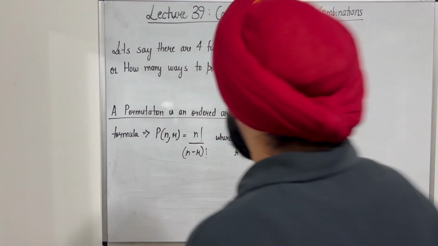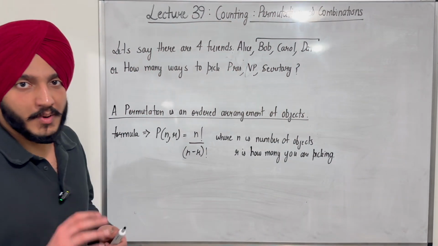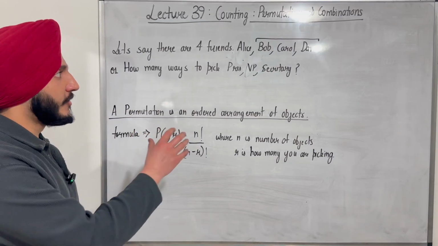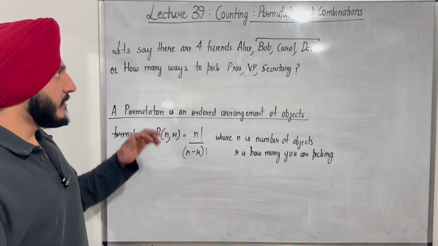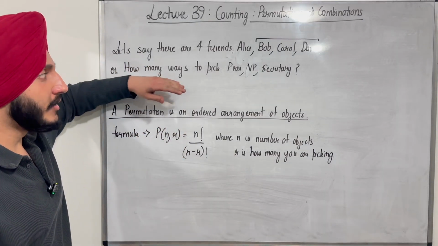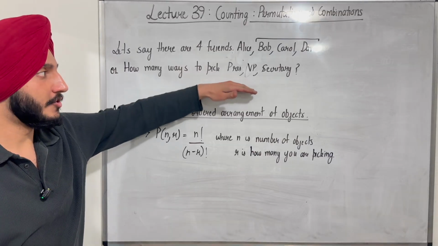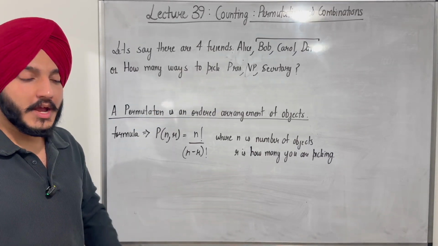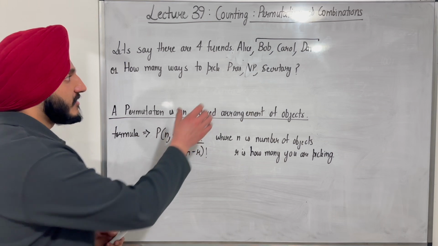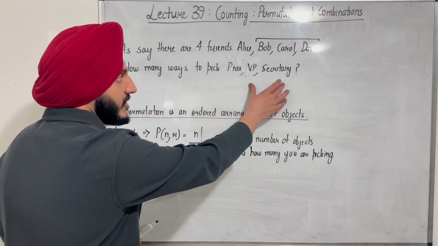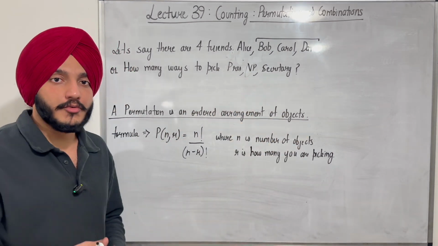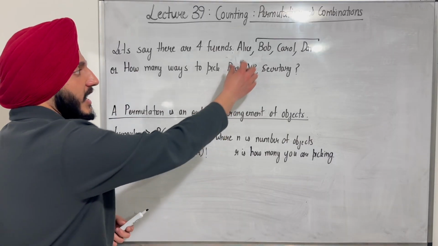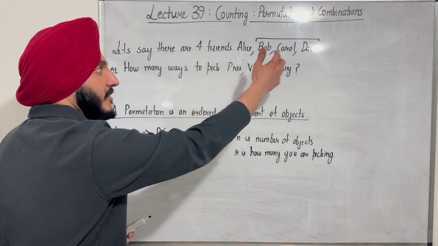Okay, everyone. Now let's take a look at the definition of a permutation, and we're going to relate it directly to question 1. Just like I said, question 1 is actually asking us about a permutation. How many ways are there? It's asking us to pick a president, vice president, and a secretary. I can pick Alice as the president, Bob as the VP, Carol as the secretary.